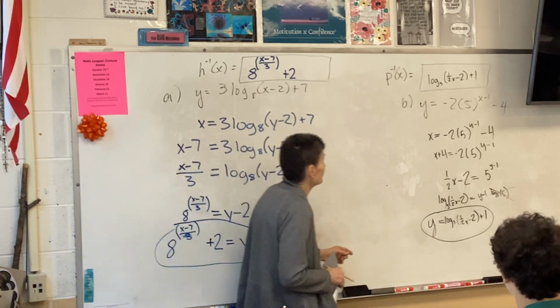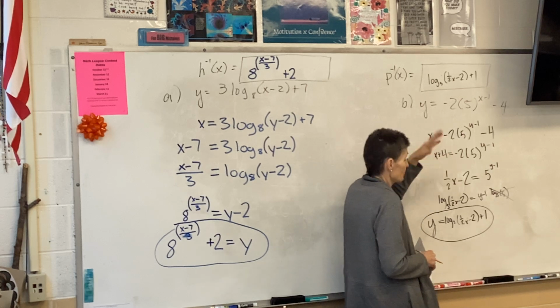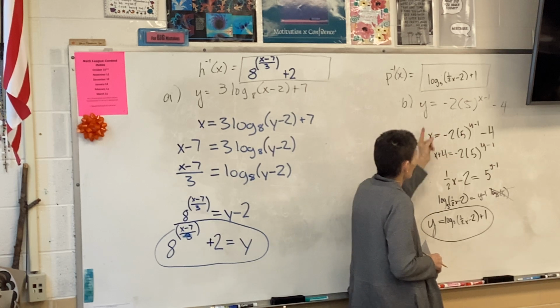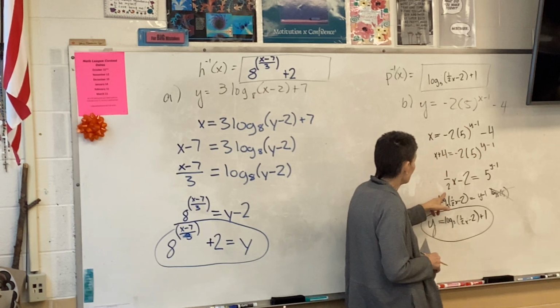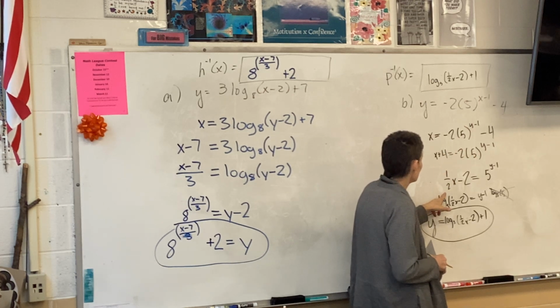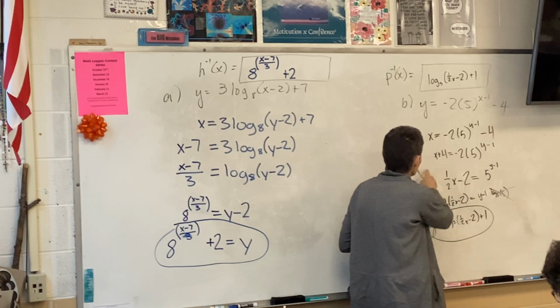Alright, let's see how Owen did. Kellen and Owen, the dream team. They switched their variables, added 4 and divided by -2. That should be a negative. Should that be a -1/2?